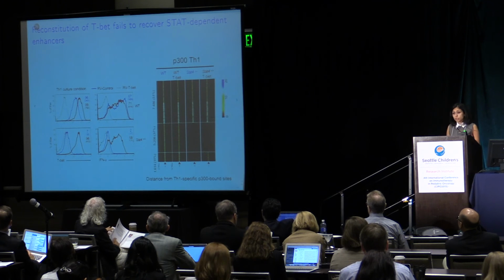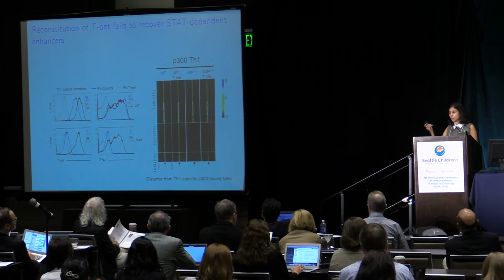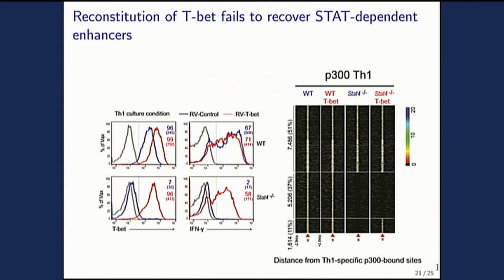Obviously, there was a reviewer's comment suggesting that, okay, you lost STATs, so you lost everything, the signaling wasn't really happening, and if you overexpress the master regulator in STAT deficient cells, you might be able to recover all the enhancer elements. And this wasn't really the case.